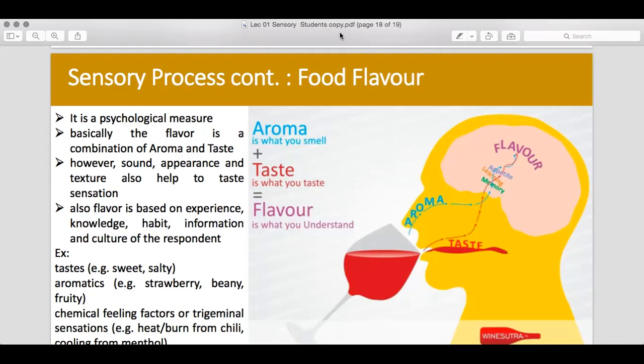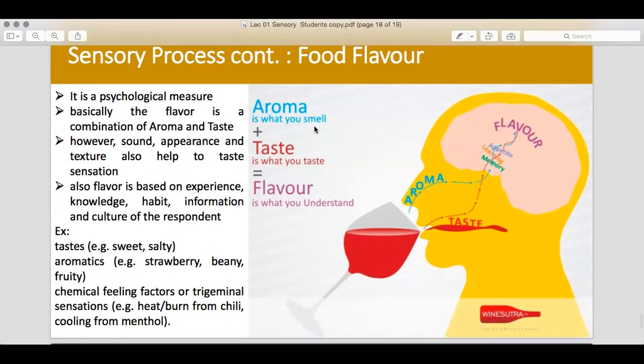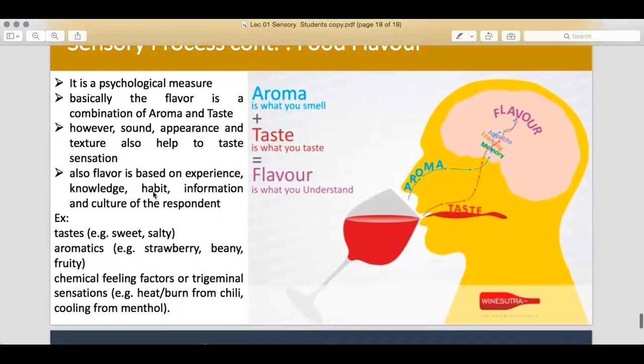Then taste. We have a tongue, and there are different, specific areas. So flavor is actually a combination of aroma and taste. It's a psychological measure. Basically, flavor is a combination. However, sound and appearance will also help.